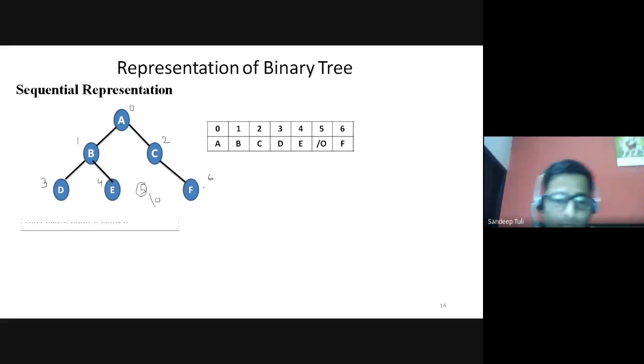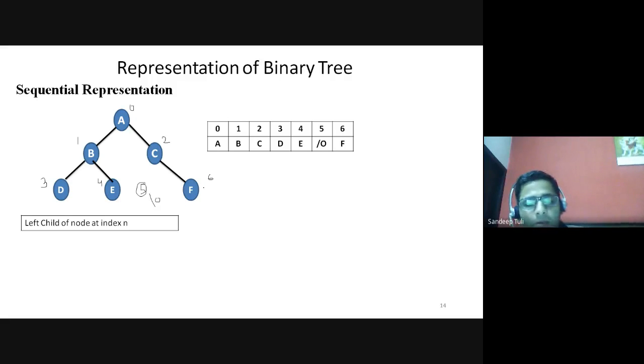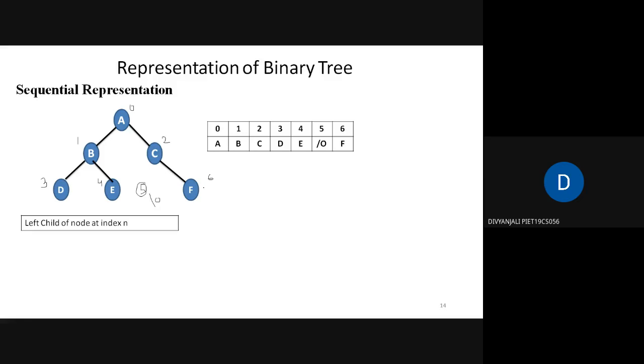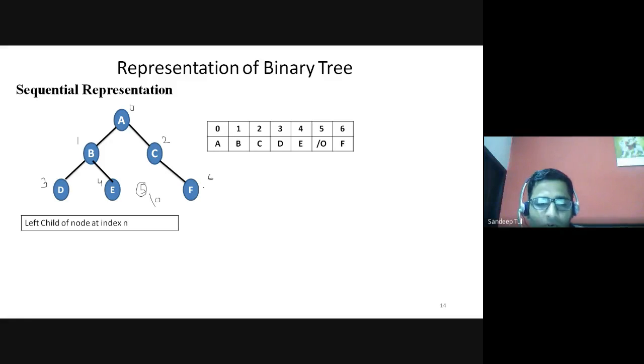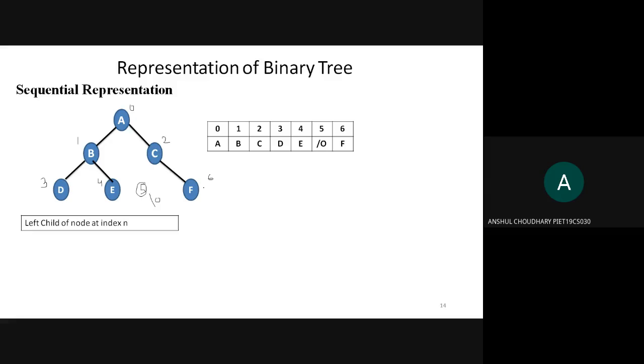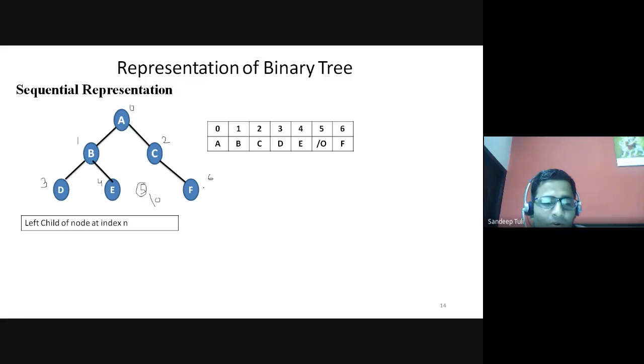Next, in this sequential representation we have some interesting facts also. Can anybody tell me, if a node has index n, what could be the index of its left child? Left child of the node; suppose a node has index n.